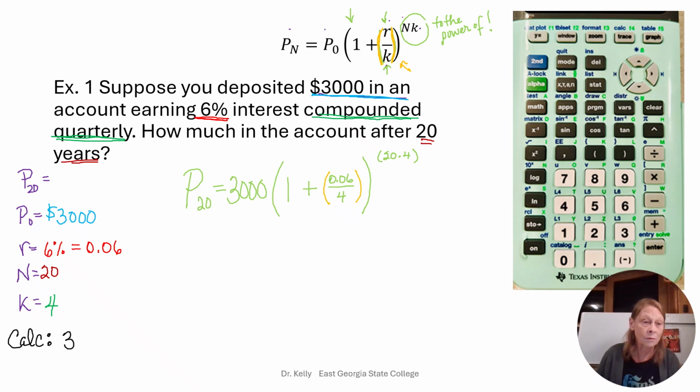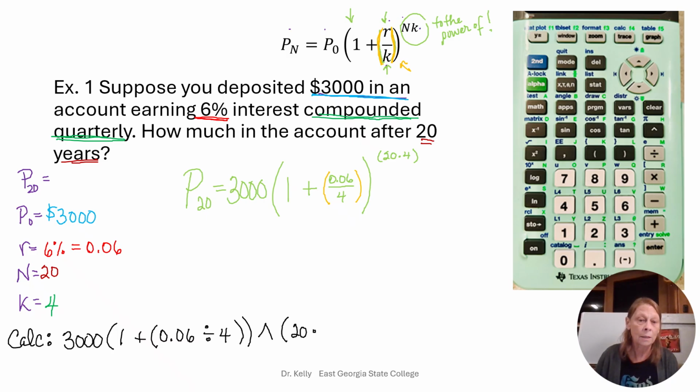I'm going to go 3,000, open parenthesis 1 plus open parenthesis 0.06 divided by 4, close, close, caret, open, 20 times 4, close, and then you hit the enter button, and it'll give you the answer.